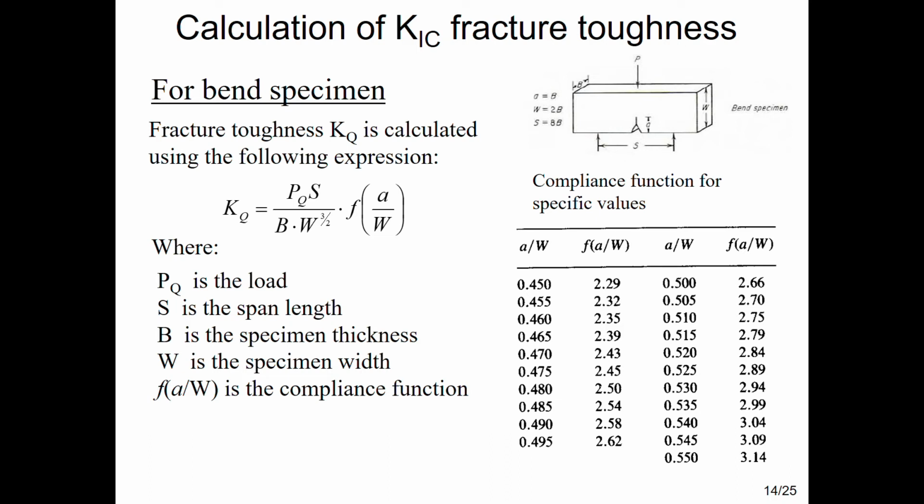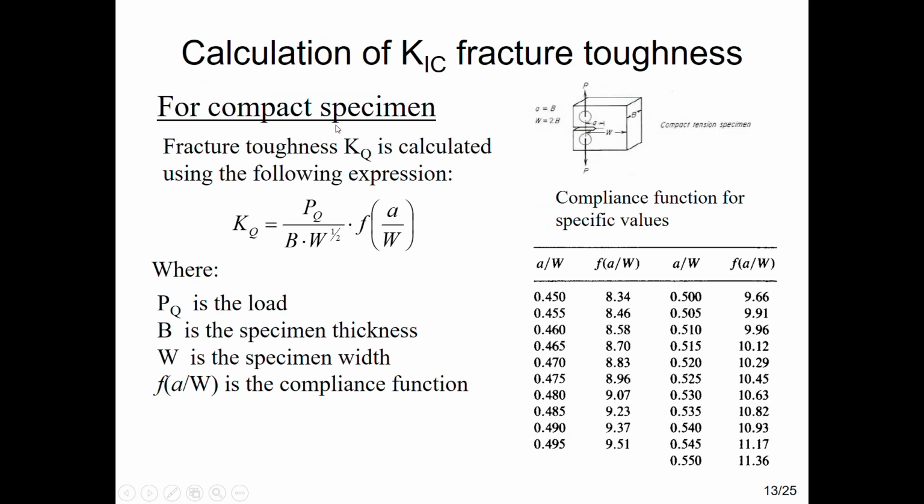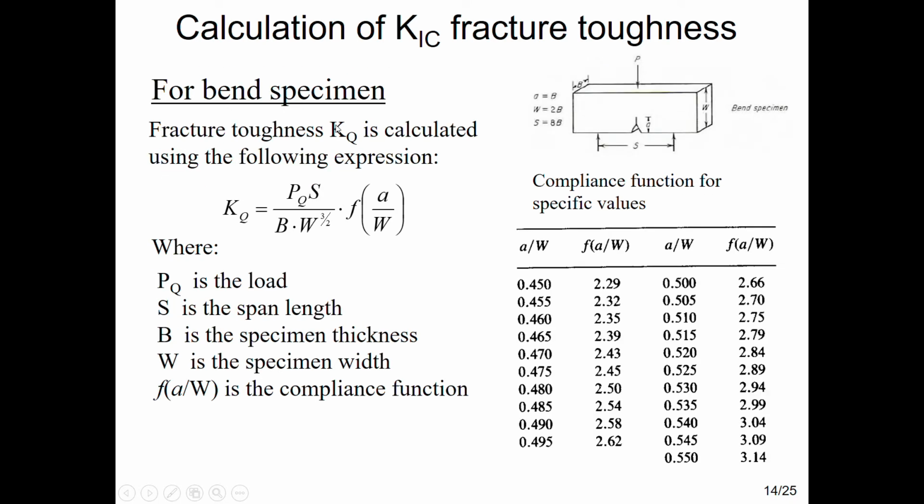Okay, for the bending specimen, fracture toughness KQ is calculated using the following expression. A different equation, this one for the bending specimen and the previous one for the compact specimen. The same point applies: to get KQ you need to obtain PQ, the load applied on the specimen.